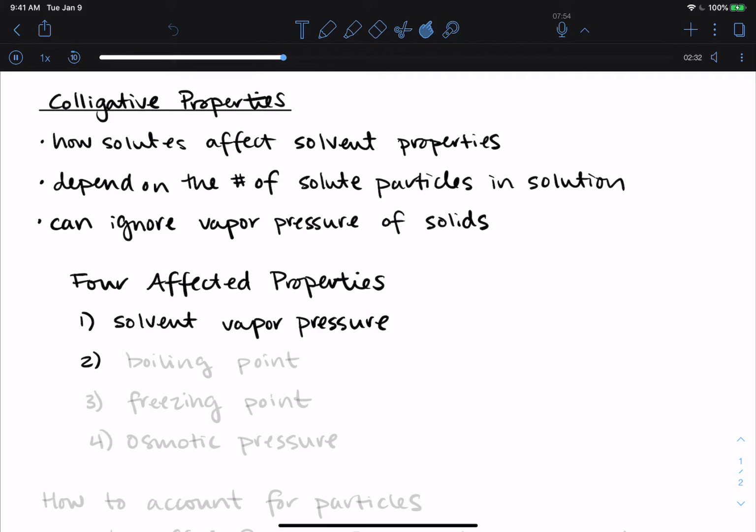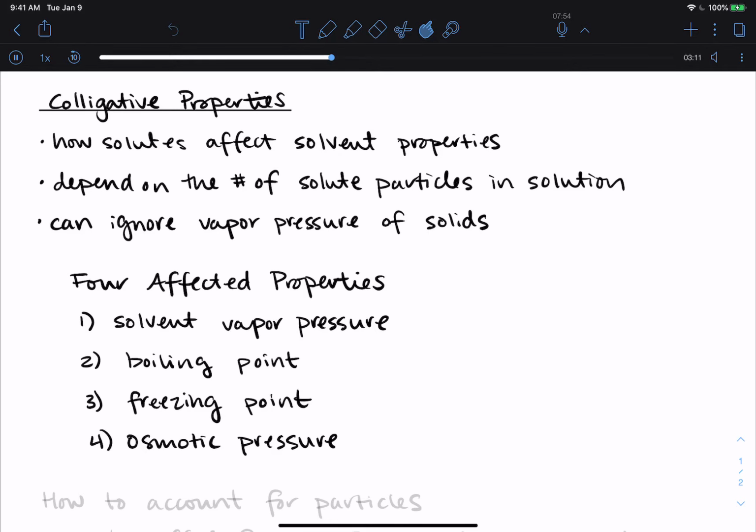The second and third one we are going to talk about together in the same video, but the boiling point and the freezing point of the solvent are affected by having solute in there. And then the last one is something called osmotic pressure. I'm sure you've heard of osmosis. Osmotic pressure is related to that, and it is greatly affected by the number of particles in solution.